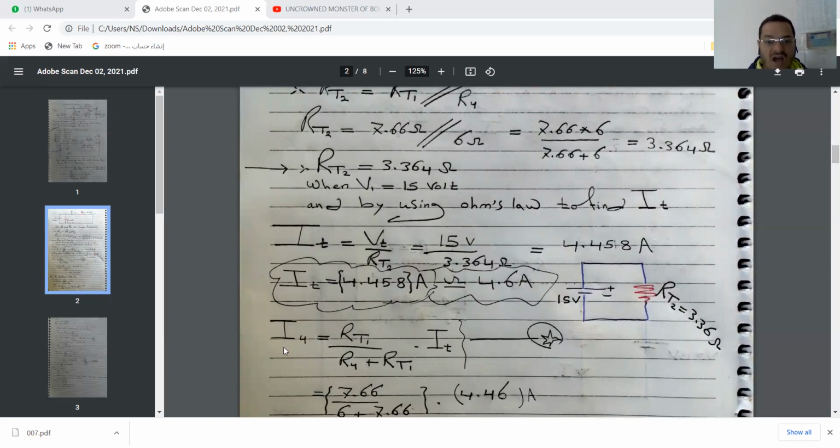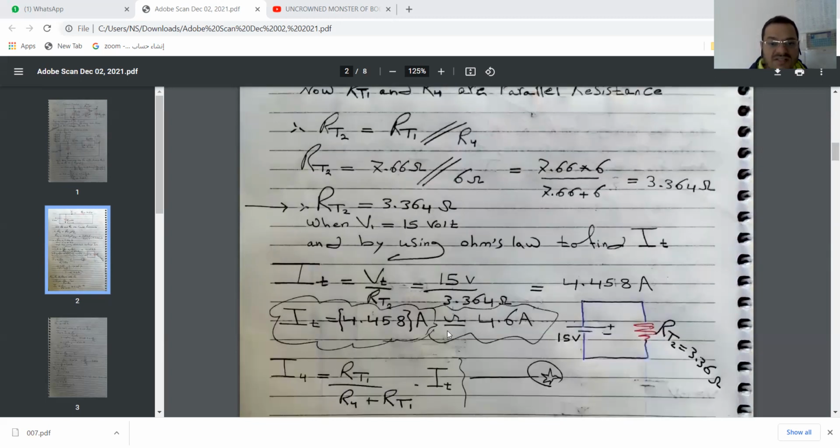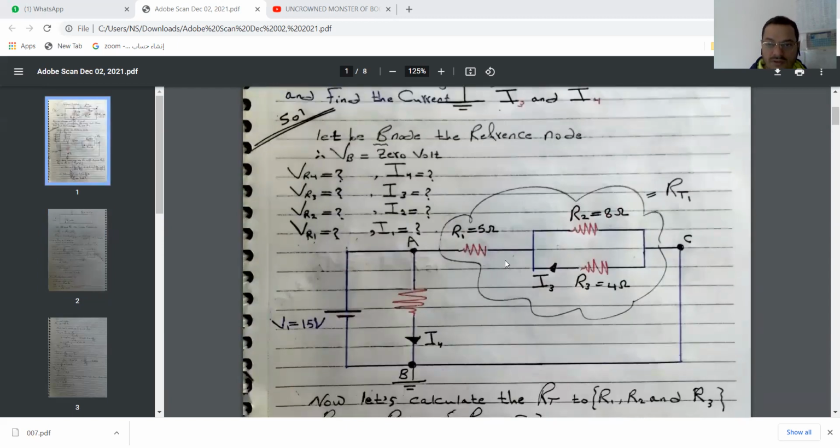For example, here, I4, we will come back to the main circuit, the first one. I4 equals RT1 divided by R4 plus RT1, times I total, because this value will be important. Let's see R4 and RT1.